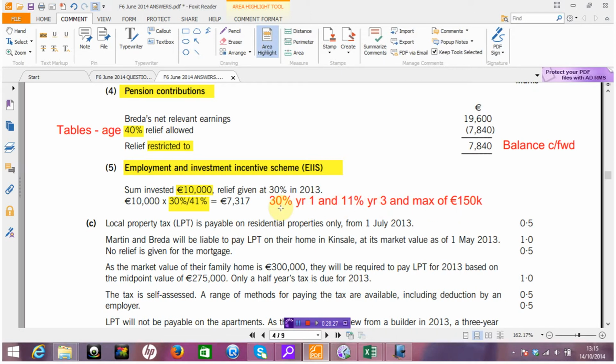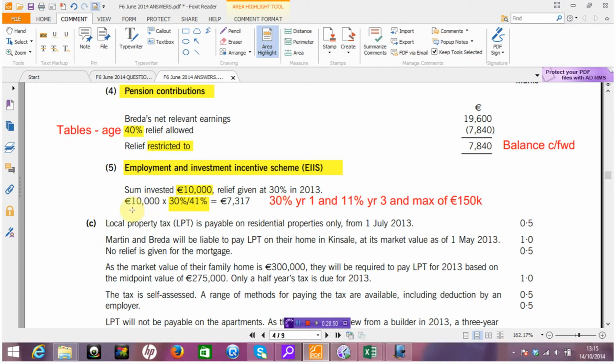So really what they're saying there is that, yes, you can make an investment in shares in a qualifying EII company, but in terms of the tax relief that you get, you're only going to get 30% in year 1, and you need to hold the shares for 3 years in order to obtain that element of 11%, or the differential for the full marginal relief.